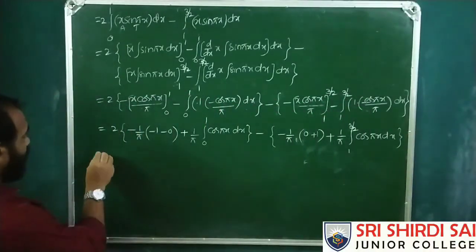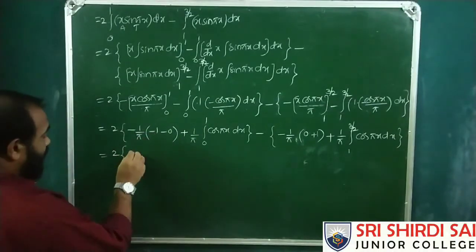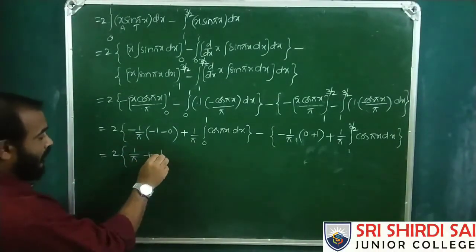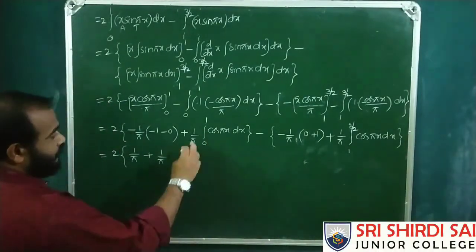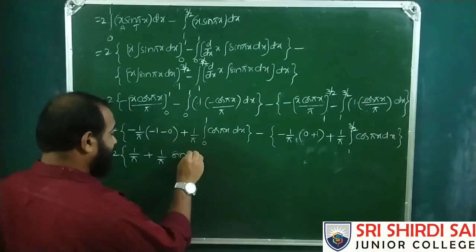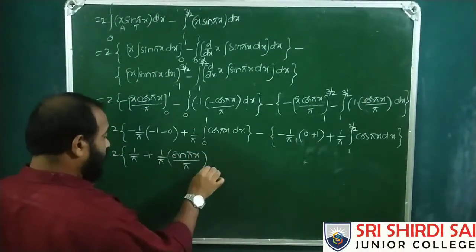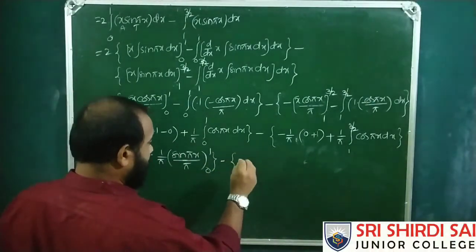Now listen, so 2 into minus into minus, so this is 1 by pi plus 1 by pi into cos pi x derivative, sin pi x by pi, from 0 to 1, minus.